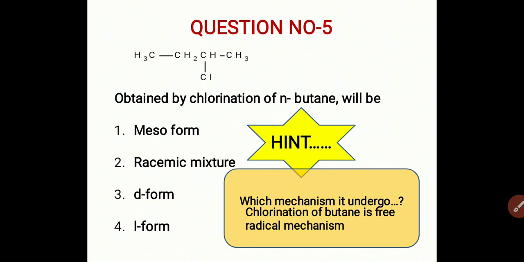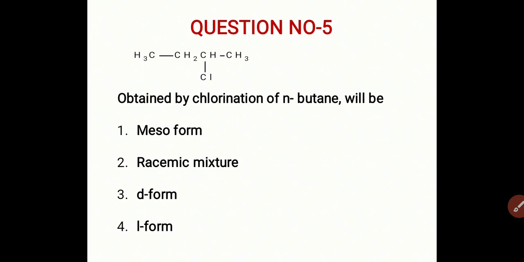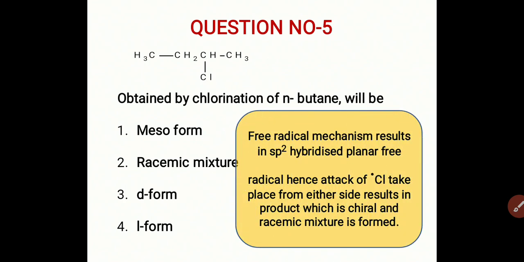In the free radical mechanism, a tertiary free radical is more stable than secondary, and secondary more than primary. When the free radical is formed as an intermediate, it will be sp2 hybridized and planar, just like a carbocation.